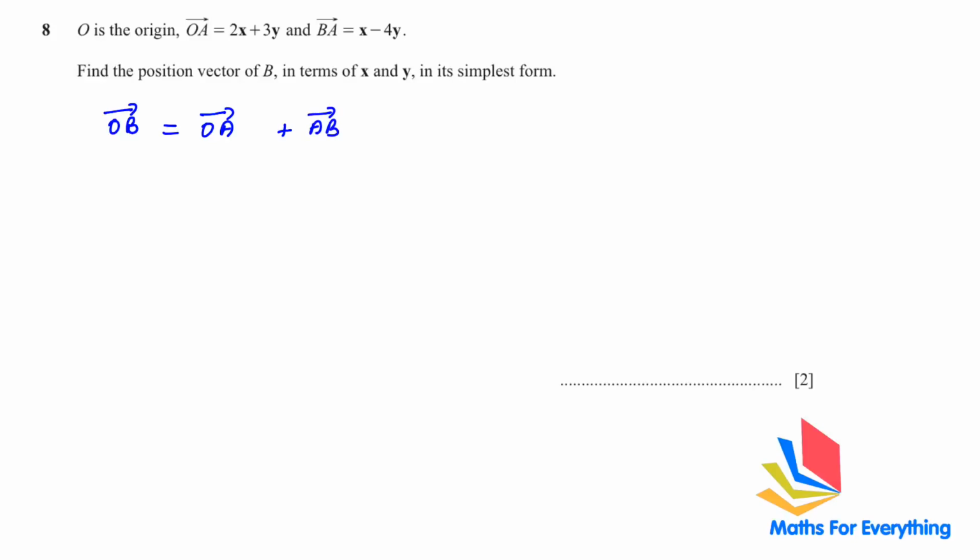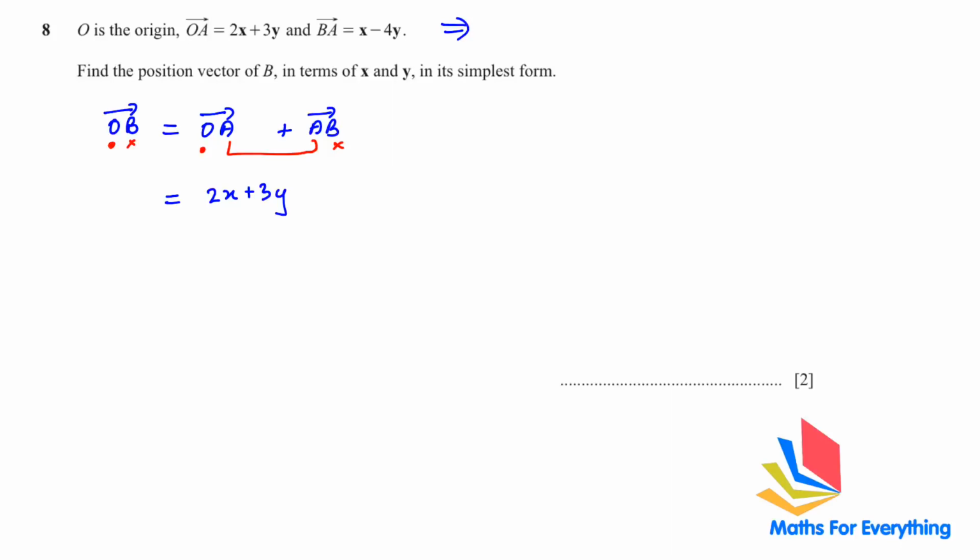For solving vector questions, you started with O here, correct? So you start with O. And your next letter is B, so you're going to end with B. The middle letter should be the same. So try to think of it that way. OA is 2x plus 3y and AB, we have been given BA.